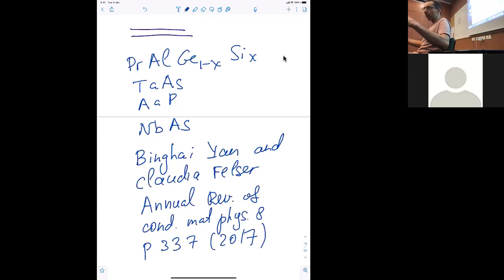So what is important for our purposes is that these materials exist in nature, that we understand there are symmetries that we need to break, and these materials will have non-trivial Chern numbers associated with each Weyl node and associated Berry curvature.